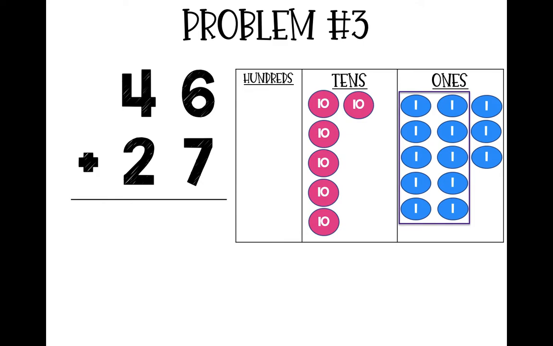Go ahead and draw a box or a circle around 10 of your ones. Draw your new 10 with an arrow pointing to it to show that you have exchanged those 10 ones to make a new 10. Once your arrow is pointing to your new 10, you can cross out those 10 ones because we exchanged them for that 10.